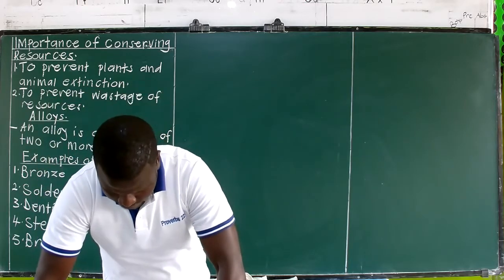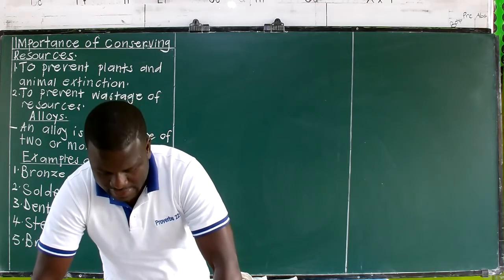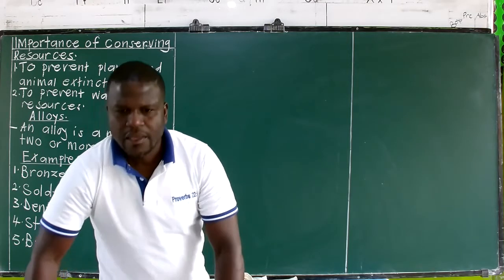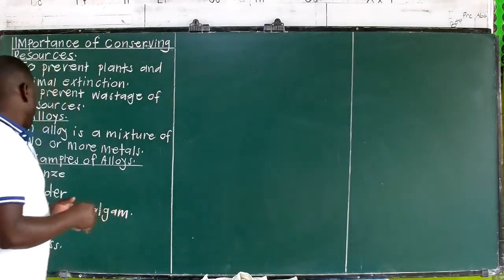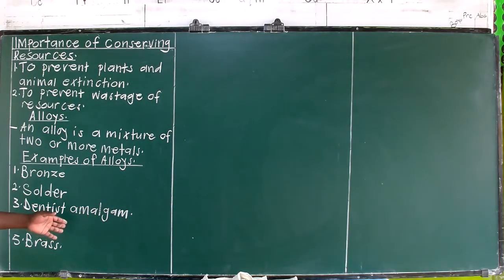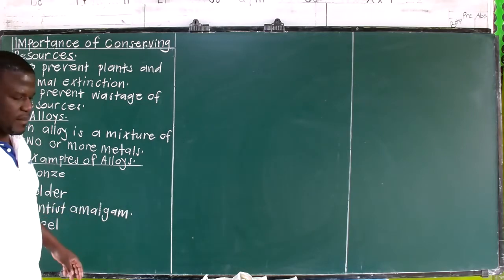Then there are those ones you mix and you get steel, brass, and dentist amalgam. Maybe they may ask you the importance of alloys. Alloys are used to fill cavities like dentist amalgam.